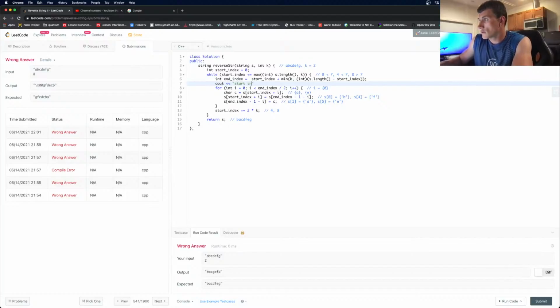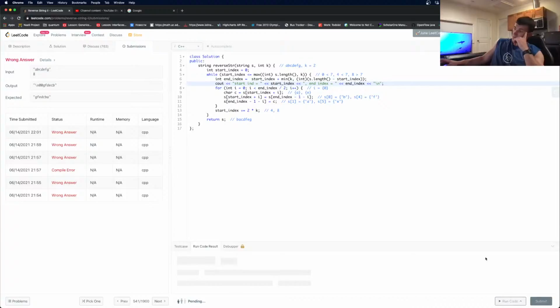Start index equal to start index, index equal to end index. Something wrong here.